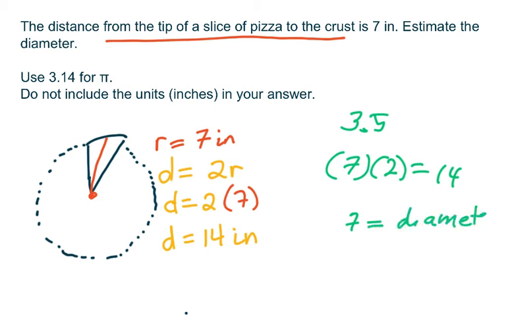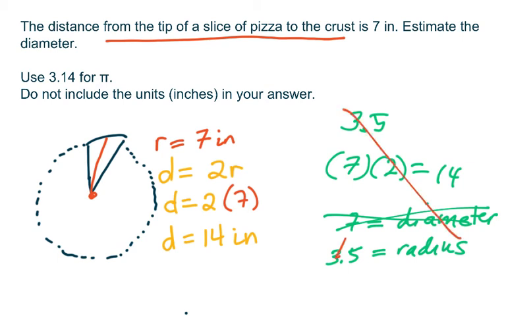And so it looks to me like you took it and you cut it in half, and you said then that the radius was half of 7, or 3.5. So like I said, you were on the right track, except you had the wrong measurements for which one goes all the way across the circle and which one is halfway across the circle, which one is the diameter and which one is the radius.